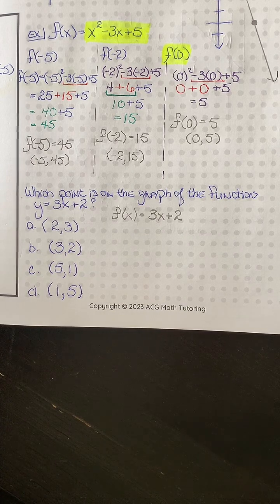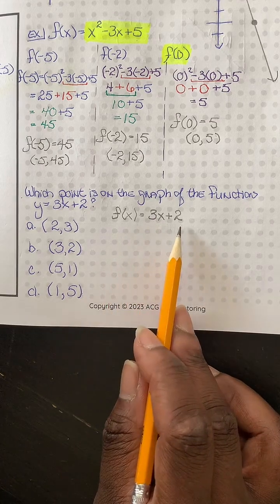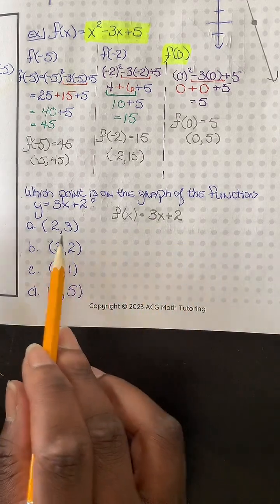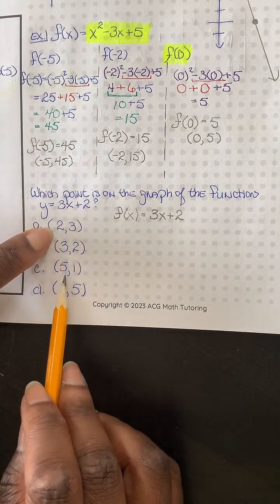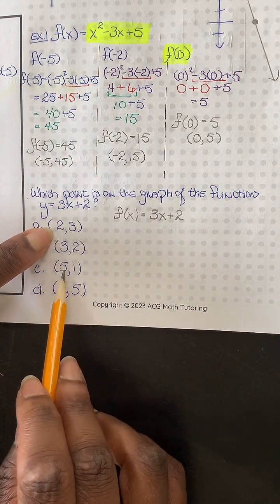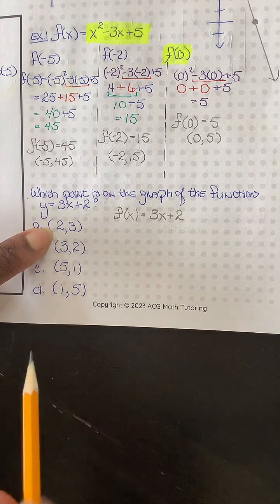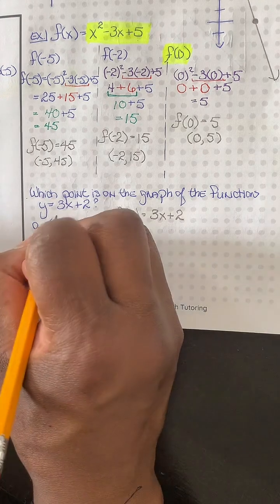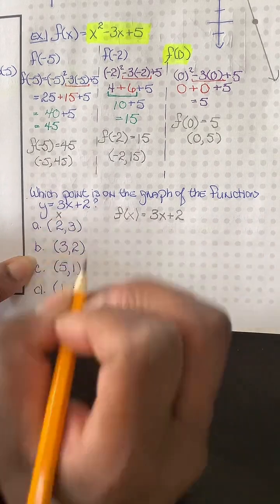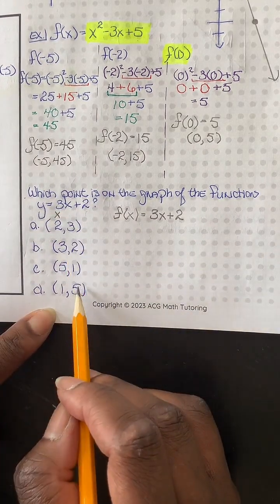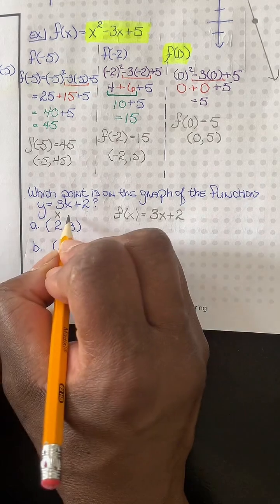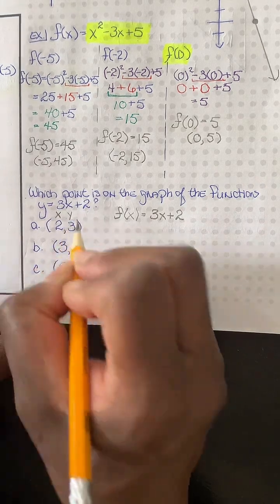So we're given this function. They gave us our input. The 2, the 3, the 5, and the 1. So remember, our input is our x values. The output is the answers. That's our y values.